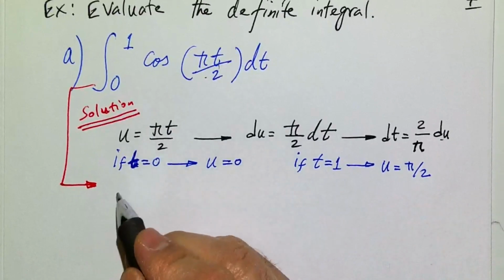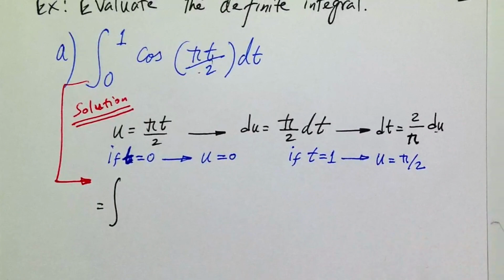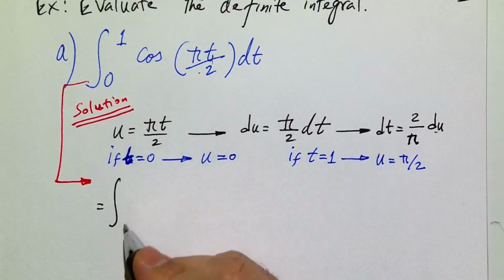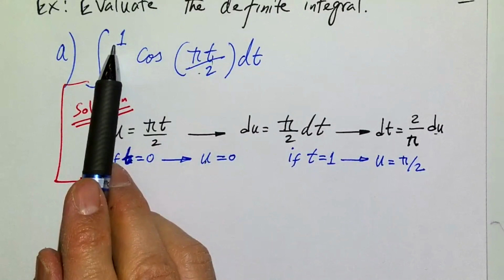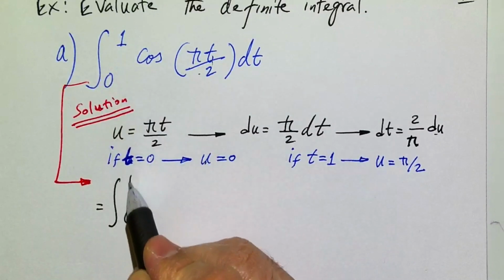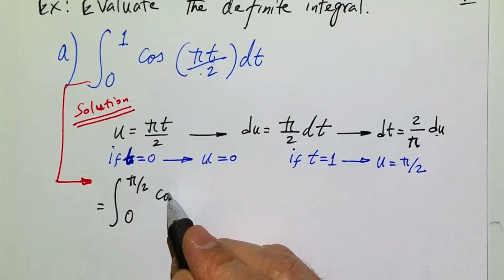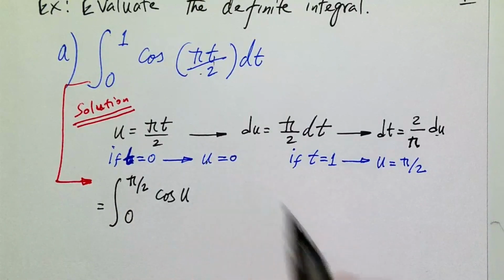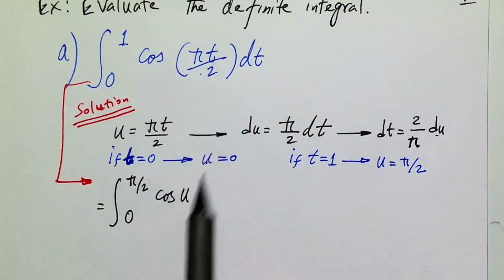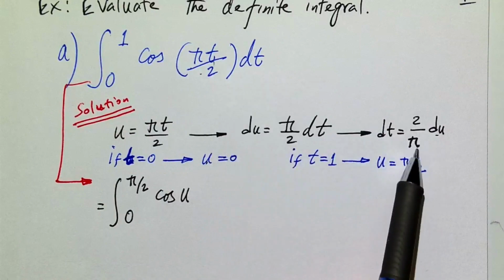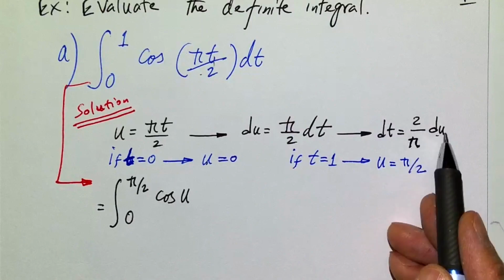Okay, now we are ready to apply the substitution rule. Instead of 0, we have 0 again for u. Instead of 1, we have pi over 2. And then cosine of u, and then dt is 2 over pi du.